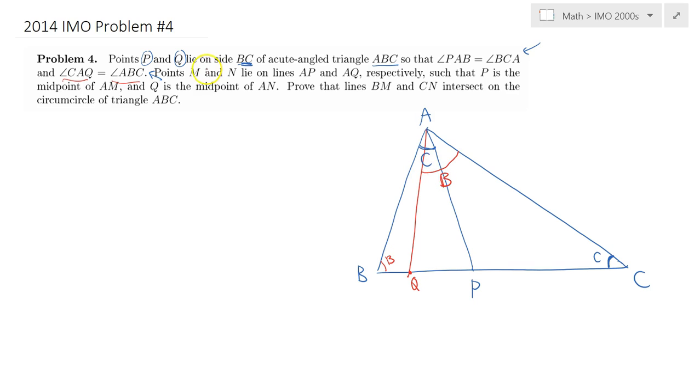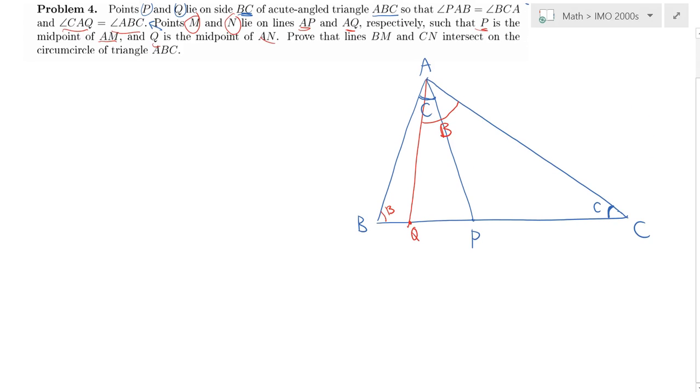And finally, we are told that we would like to pick points M and N on the sides AP and AQ respectively, such that P is the midpoint of AM and Q is the midpoint of AN. So I will go ahead and extend these lines. AP extended, like this, I guess.